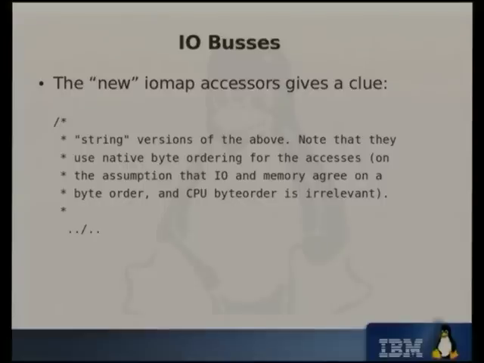It says string version of the above. Note that they use native byte ordering for the accesses on the assumption that I/O and memory agree on a byte order and CPU byte order is irrelevant. That's actually correct. It's just not very clear.